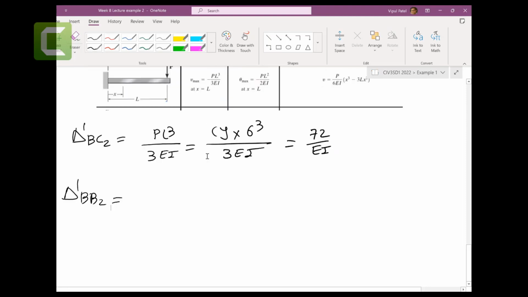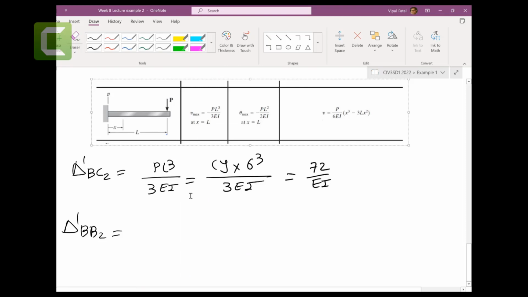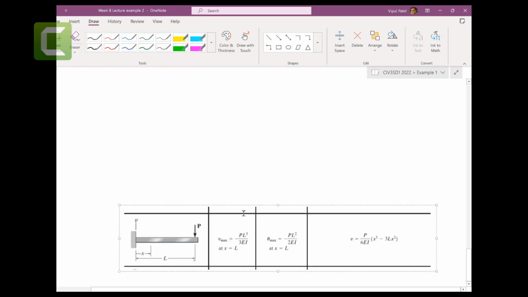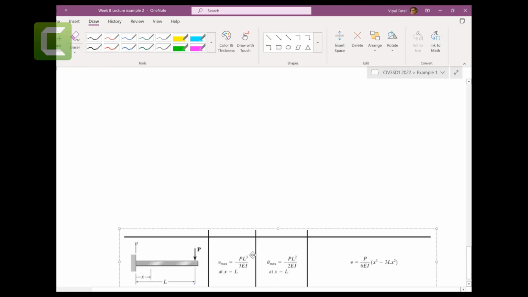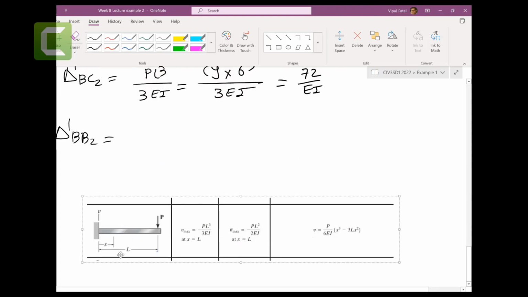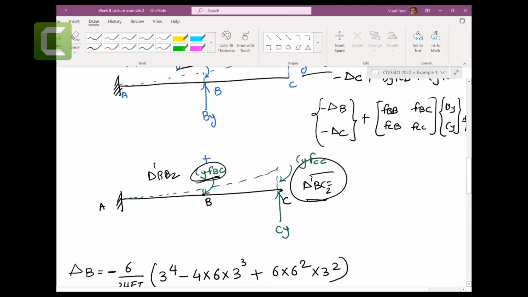Now we can use the same approach here. For delta dash BB2, at the midpoint, we substitute x equal to 3 into the equation P over 6EI times x cubed minus 3Lx squared.